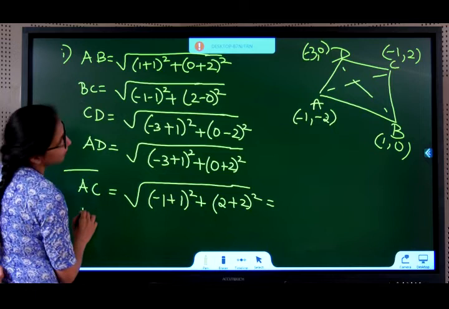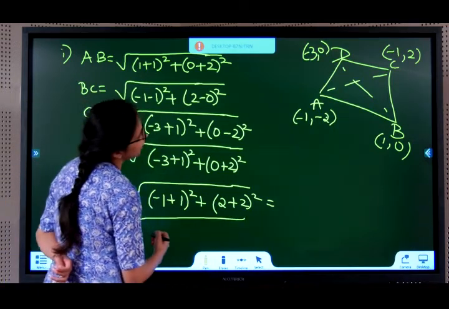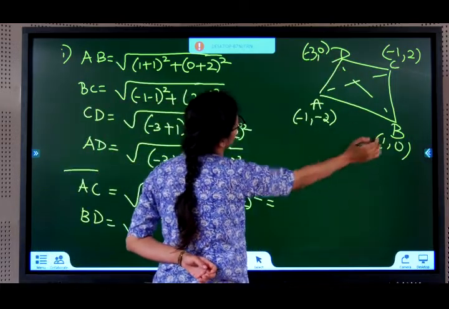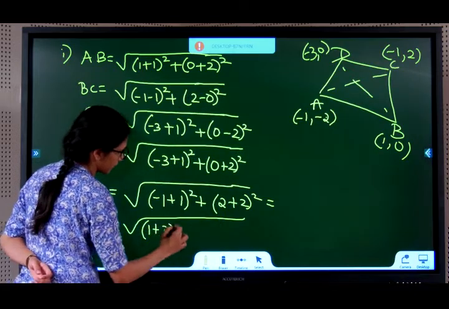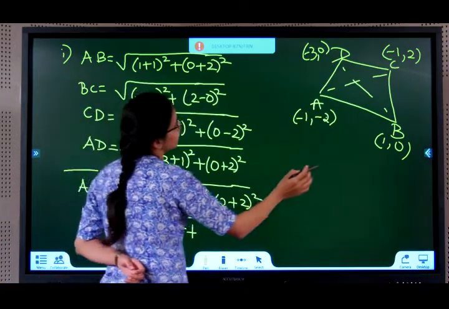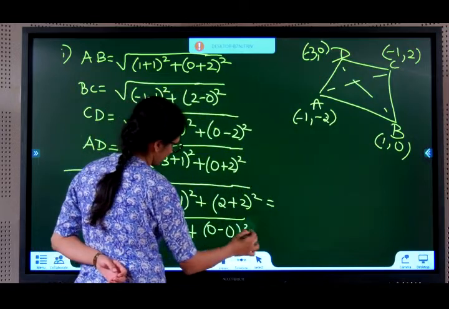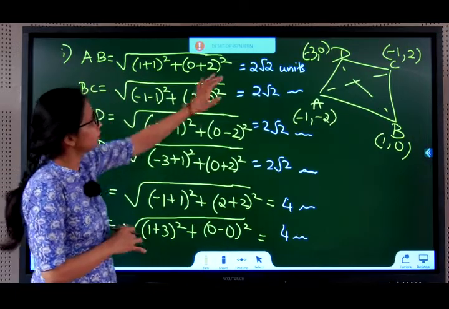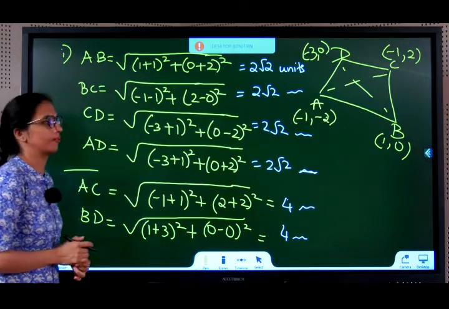Next, BD, root of x1, y1, x2, y2, okay? 1 minus of minus 3, 1 plus 3 the whole square plus 0 minus 0 the whole square. Solve it, we'll verify the answers. So, you get 2 root 2, 2 root 2, 2 root 2, 2 root 2, and for the diagonals you get 4 and 4, right?